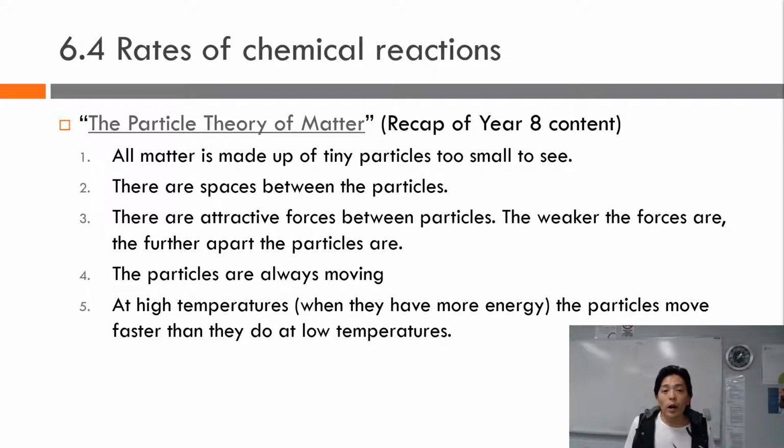The reason why I needed to cover this is that the particle theory of matter, the assumed knowledge here, can help explain what happened in the practical work that you are supposed to do. In the prac, you would observe that by changing a factor, say increasing concentration or temperature, the reaction rate also goes up.